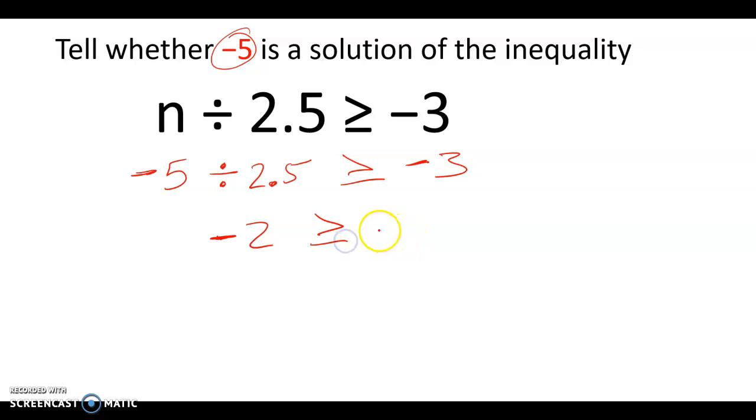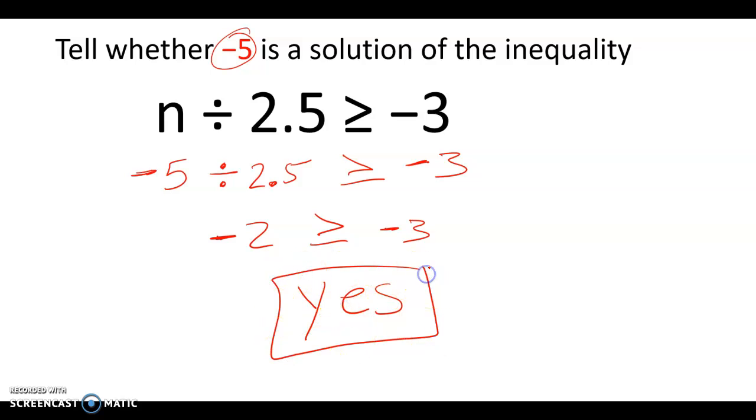Is negative 2 greater than or equal to negative 3? It's actually greater than. Negative 2 is bigger than negative 3. So that one is a yes. It does work. It is a solution for the inequality.